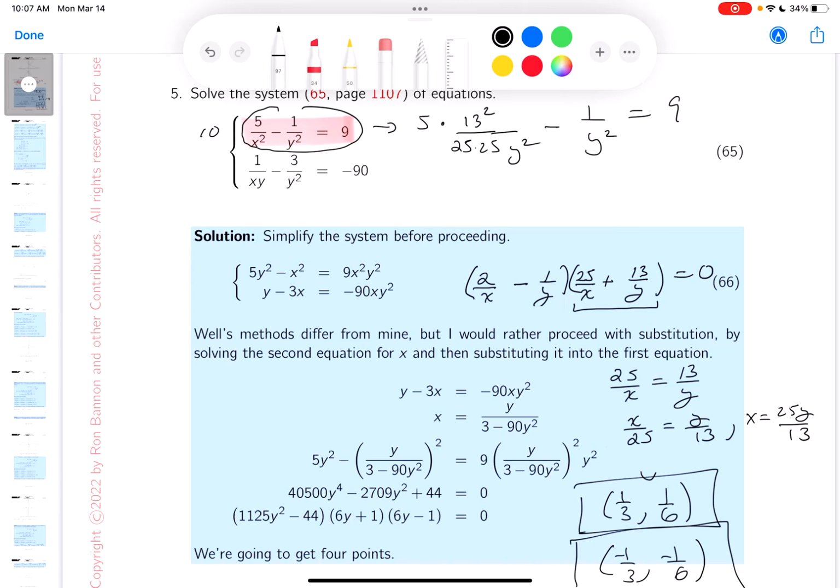Boy, this looks like a tough one. So 5 goes into 5 once, goes into 25 5 times. So you get 169 over 125 y squared minus 125 over 125 y squared equals 9.